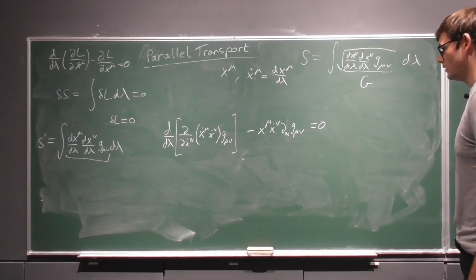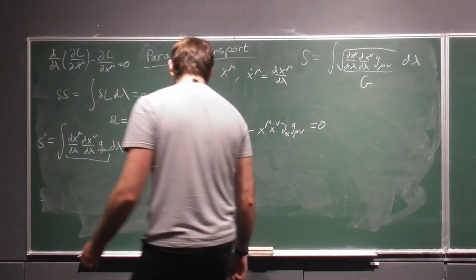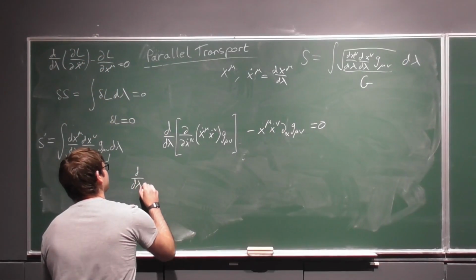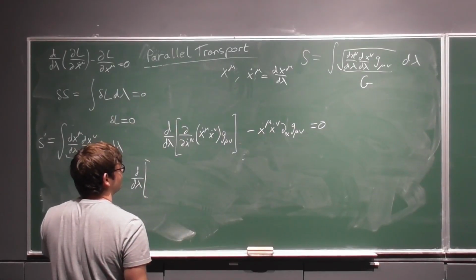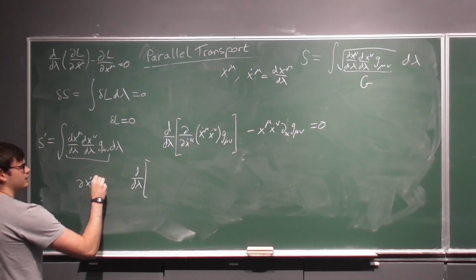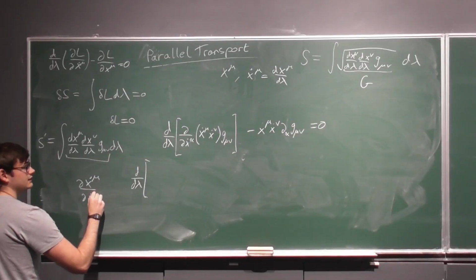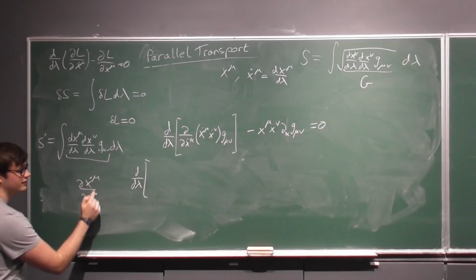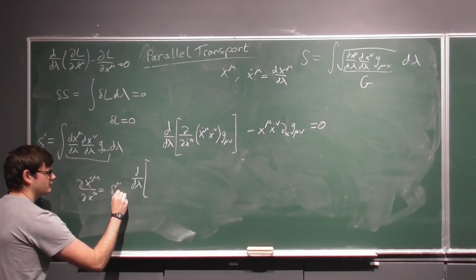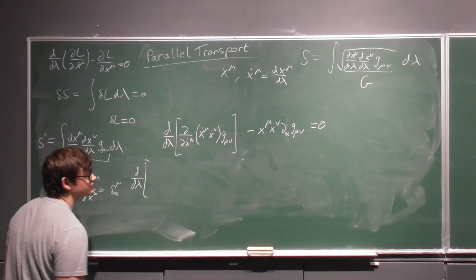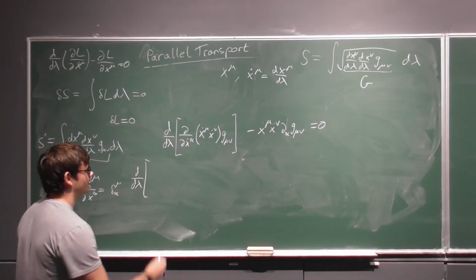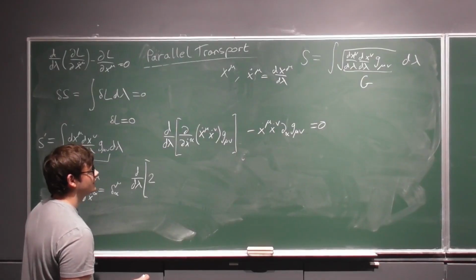Okay, let's expand out this bottom term. First let's do the inner derivative, still with d/dλ on the outside. When we do that inner derivative, we're going to get dx dot^μ/dx dot^α. This is only nonzero if these two coordinates are the same, so this is the same as δ^μ_α. Then by the chain rule we get one of each quantity, so we're going to be left with 2, and then we just need to be careful.